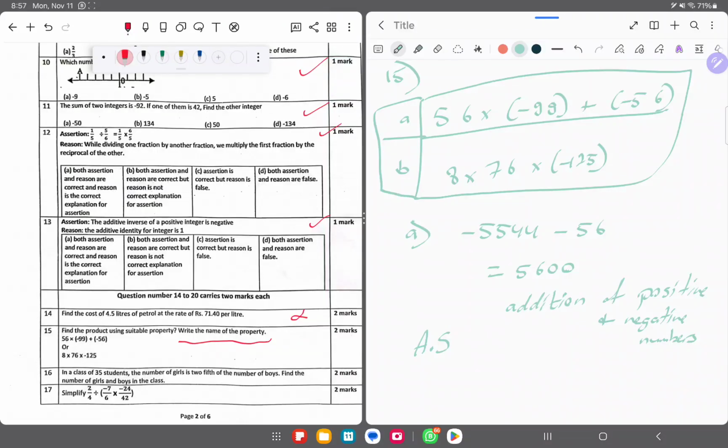You're adding the same sign, which is the negative sign, with two numbers. So it's adding negative numbers. This is a better way of saying it.